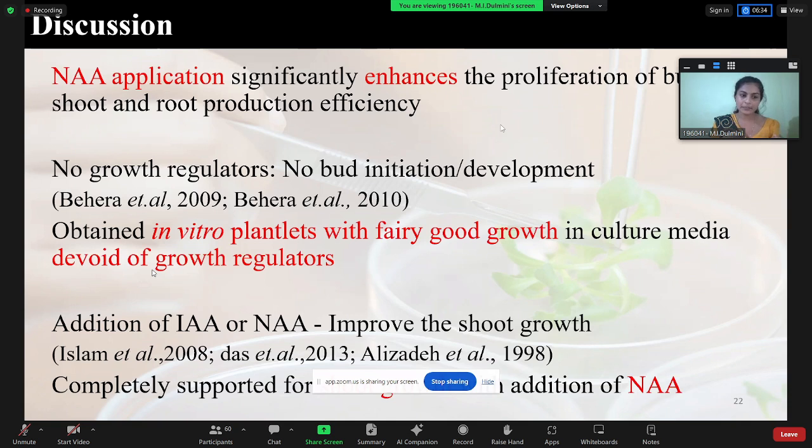But in this experiment, we can obtain in vitro plantlets with very good growth in culture media devoid of growth regulators. As well, some previous literature said that the addition of IAA or NAA improved the shoot growth. So my experiment completely supported shoot growth with the addition of the NAA.